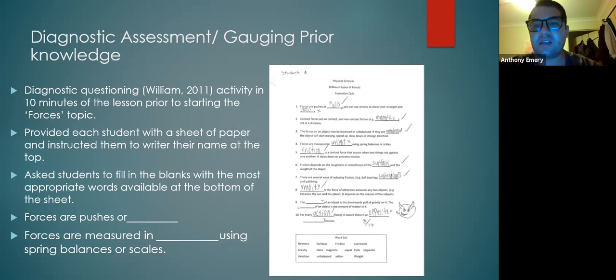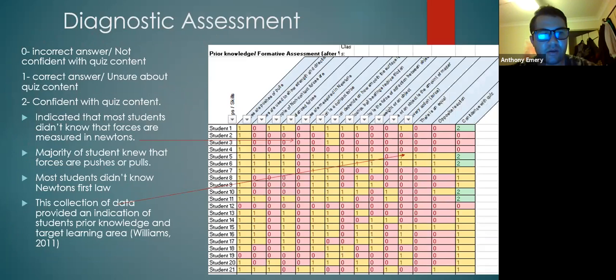As you can see here, for this forces quiz, I've gauged students' prior knowledge and put that into a diagnostic sense. So I've put that into a spreadsheet, quiz content. It had the correct answer using a 1 to indicate what students knew, so their prior knowledge.